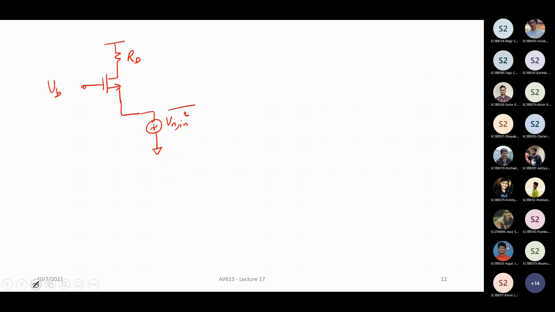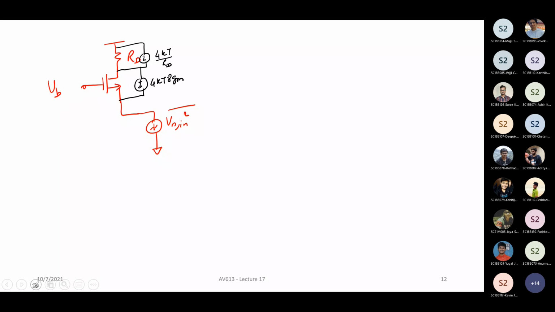Now, what are the noise sources here? We know that we have 4kT by RD noise current here, and you also have 4kT gamma gm as your noise current across the transistor.